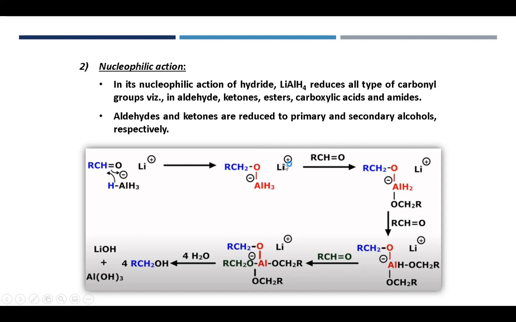With another mole of aldehyde, it will give you this particular species, and finally after hydrolysis, there will be formation of the corresponding alcohol, from the alkoxide part, that is, RCH2O- gets converted into RCH2OH.